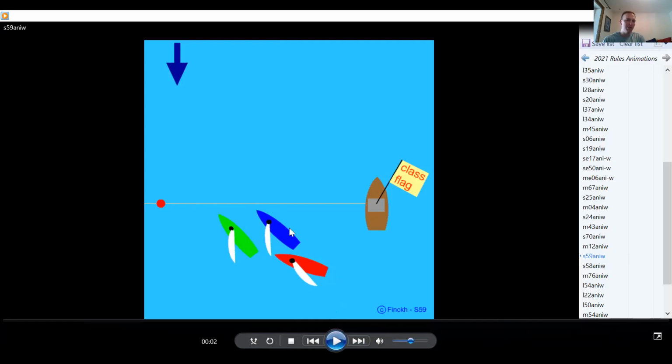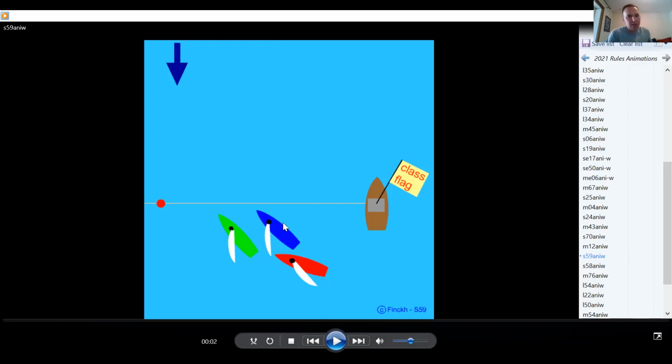So red can head blue up, but if there's no room, like if blue physically can't get out of the way, then red needs to not go there. Especially with green right there, this is kind of a dangerous move for red. Red's better move is to sail below green probably and start below green.